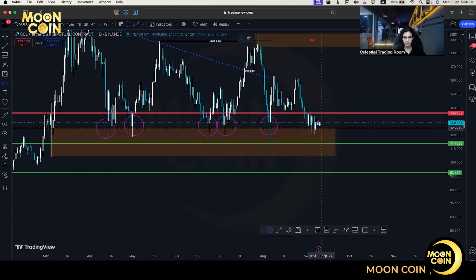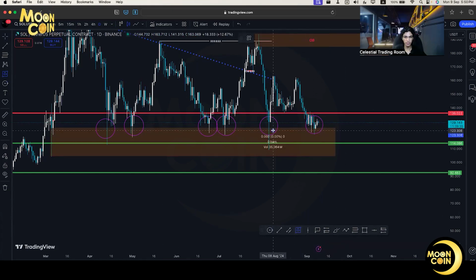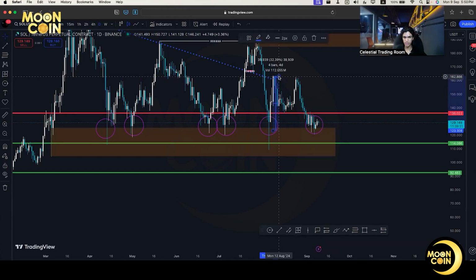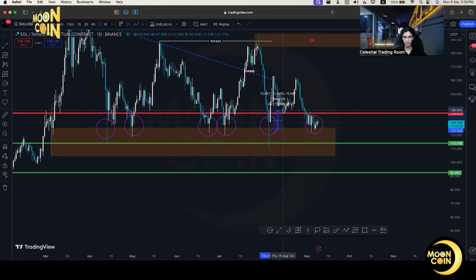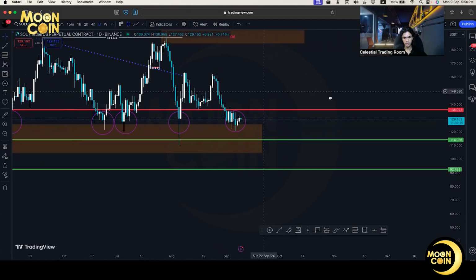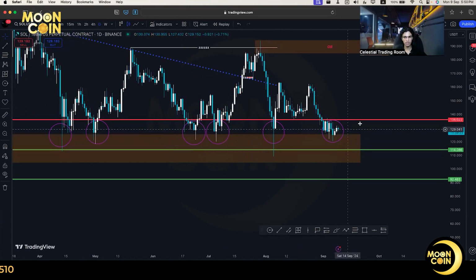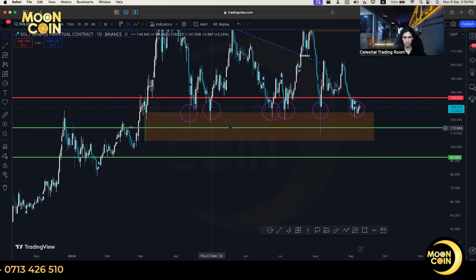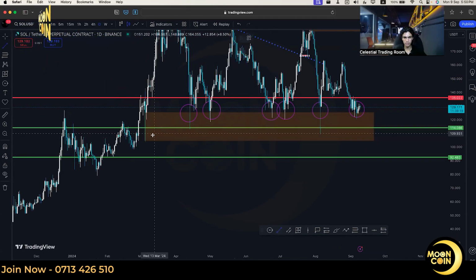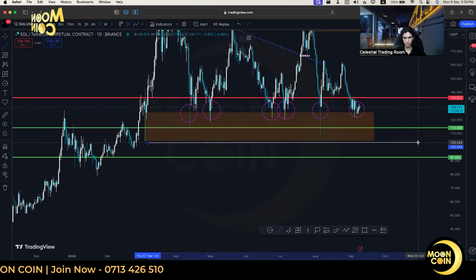So we can't expect a pump like this, because the current situation is expected for more dump. You see, this has given 32 percent, so we can't expect even half of it. If you place orders, you will usually get a stop hunt. You see, there is more liquidity over here in this low.